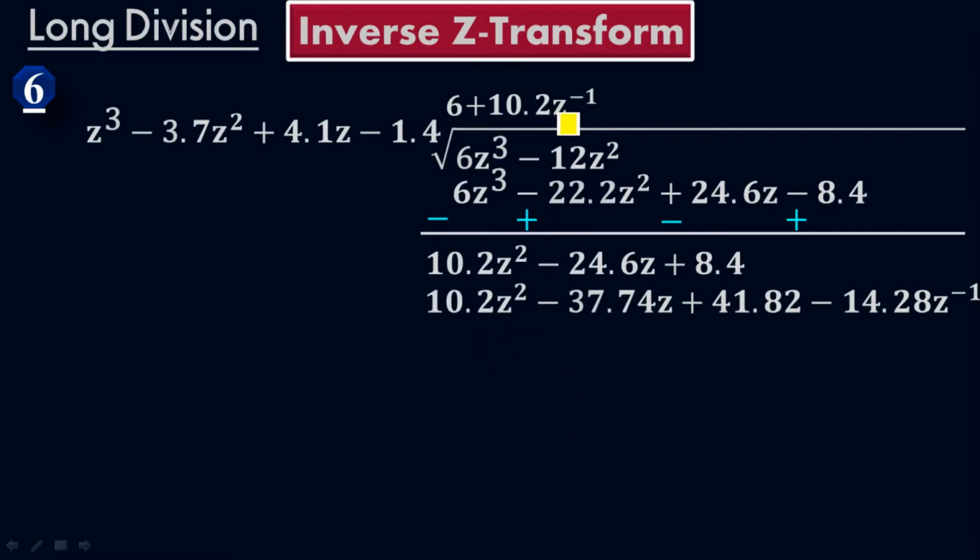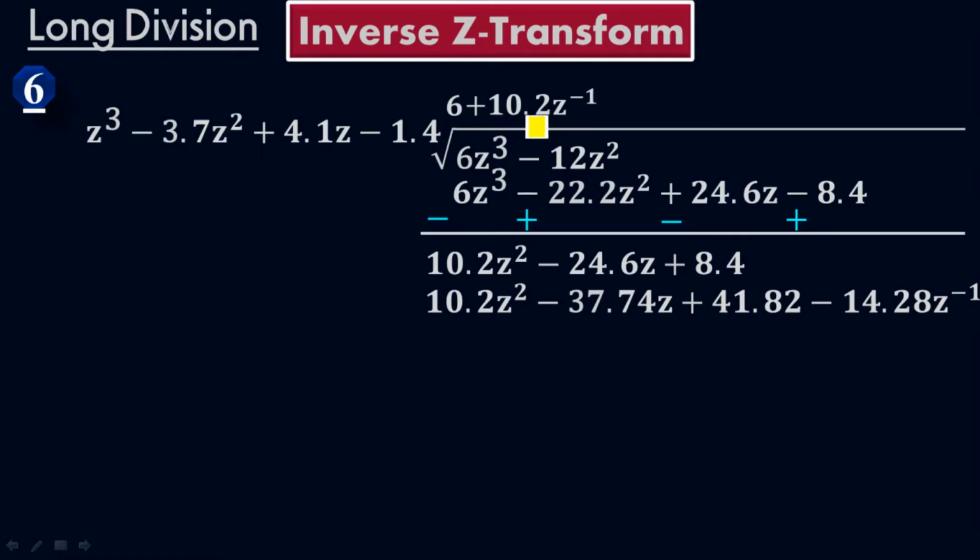Similarly, 10.2z to the negative 1 times negative 3.7z squared equals negative 37.74z. If I write z to the negative 1 as 1 over z, I get 10.2 over z. Taking the product with negative 3.7z squared, you get negative 37.74z, because the z cancels with one z, so you are left with a single z.